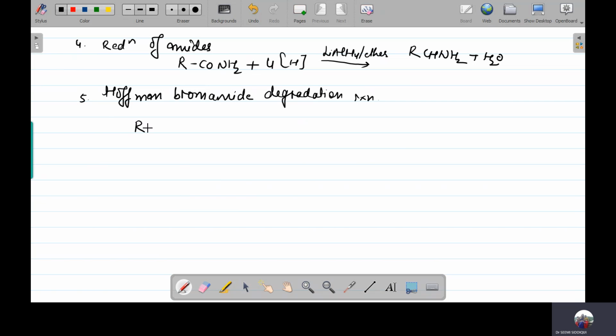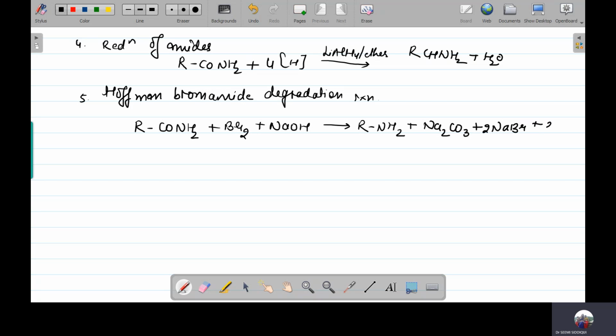In this case, we take an amide in the presence of bromine and NaOH, and we get RNH2 plus Na2CO3 plus 2NaBr plus 2H2O.